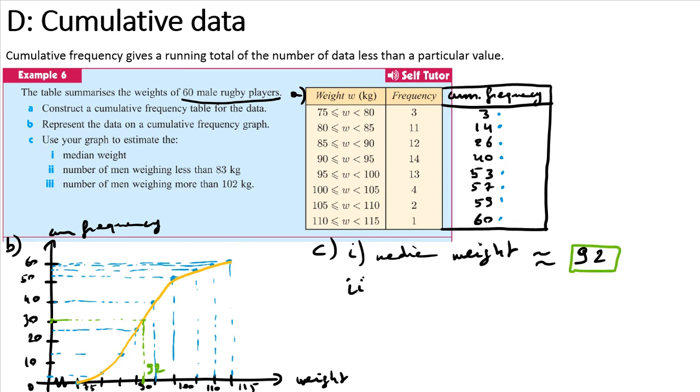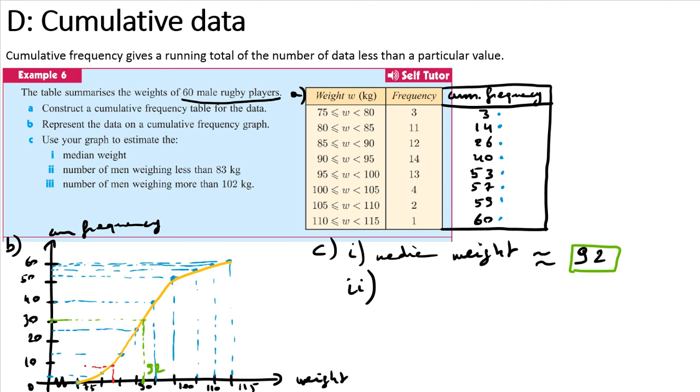And then we have to find the number of men weighing less than 83 kilograms. So less than 83 kilograms. So 83, we have 90 here, we have 85 here, so 83 is somewhere here. If we go up, it's somewhere here.